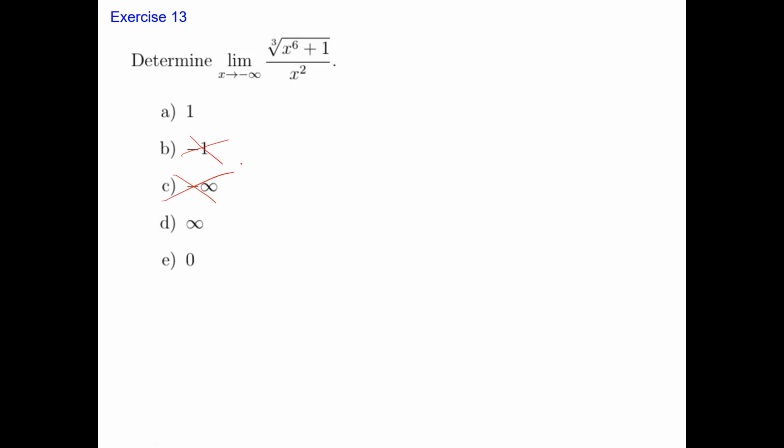Okay, I mean, that's how we can investigate, and not even mentioning cube root. I mean, we will take to the power of 6. This will be positive infinity, and this will be positive infinity. We actually have another indeterminate form. And the same as before, let's focus on the leading terms. That means cube root of x to the power of 6, because we remember the rest of the terms will disappear.